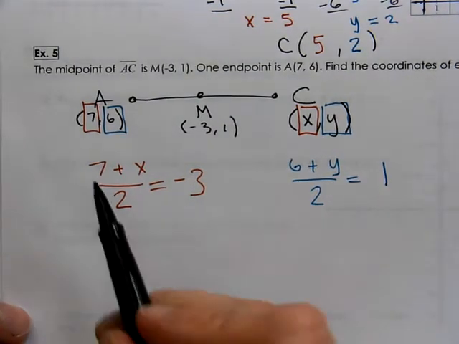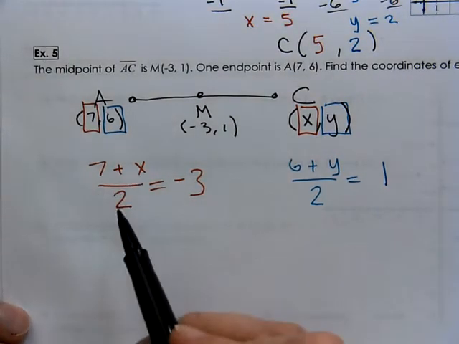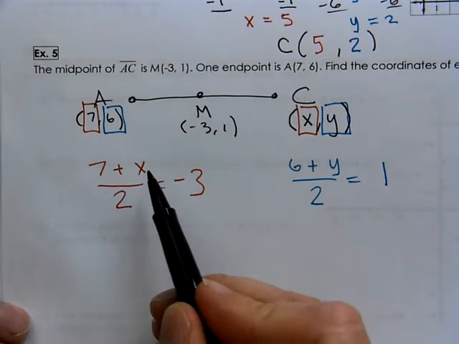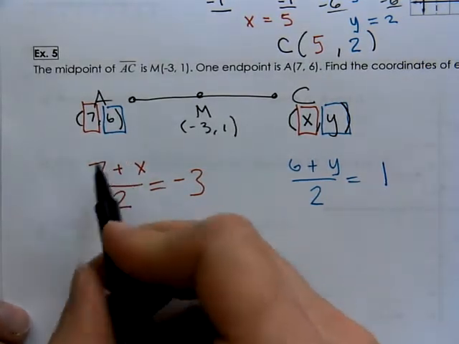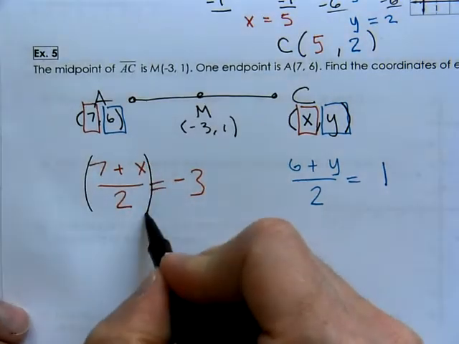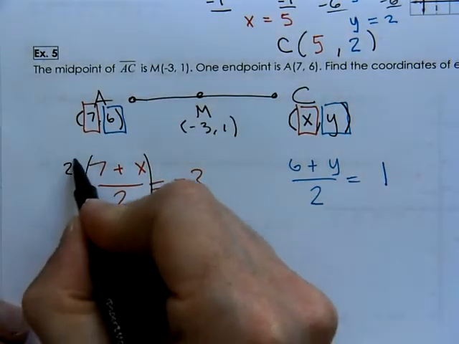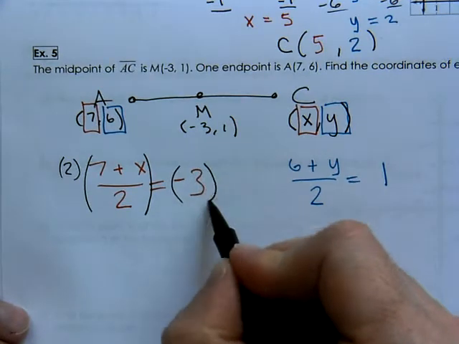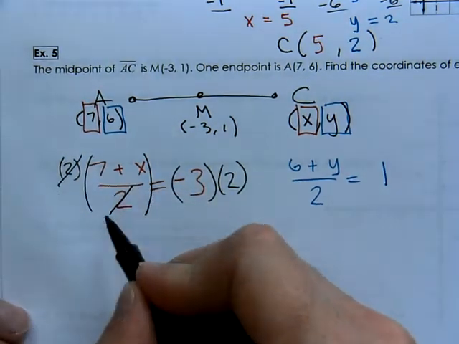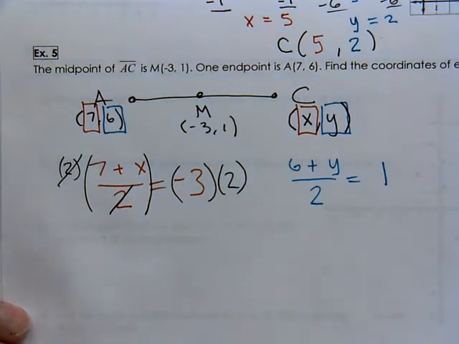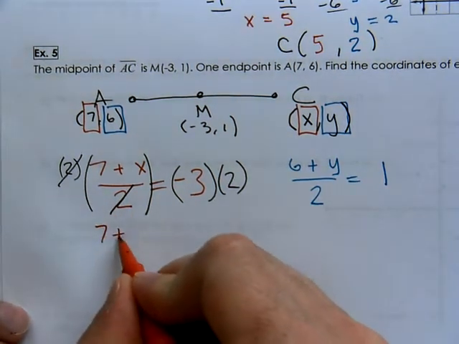You can see that we have a 7 plus x divided by 2. Our goal is to get x by itself, so we have to peel away these extra numbers. We start with the fraction. So to undo a divided by 2, we multiply both sides by 2. And on the left-hand side, 2 divided by 2 cancels out, and that leaves us with 7 plus x.